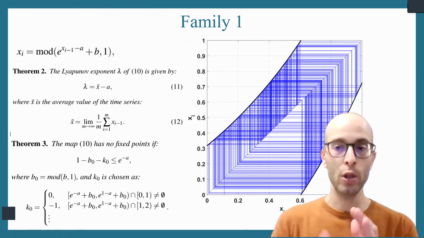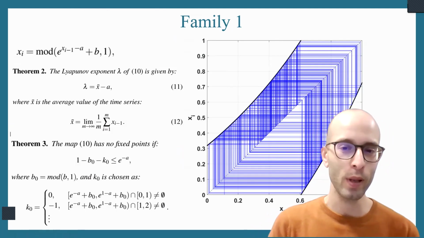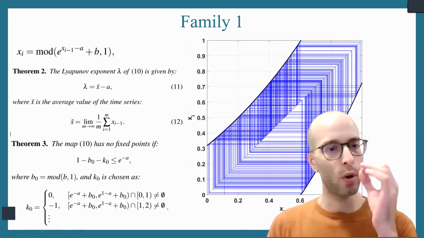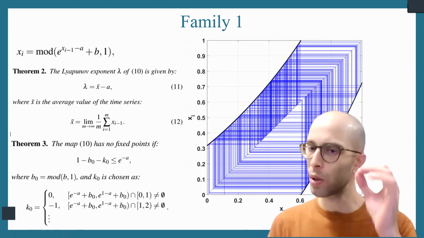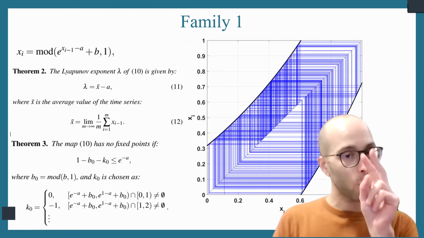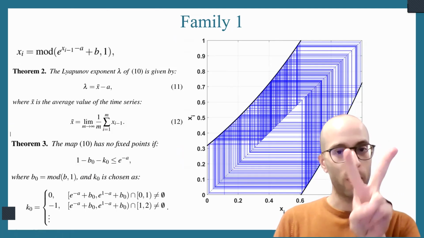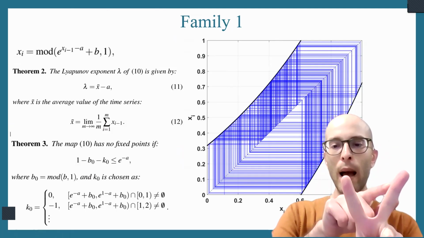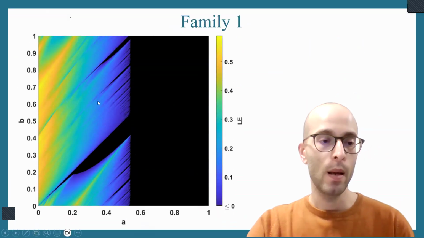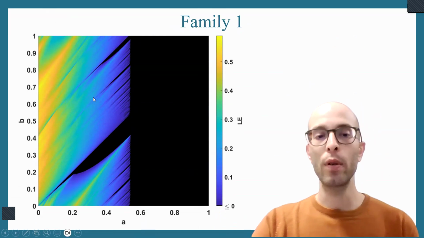The map clearly has no equilibria, no fixed points, and it also has chaotic behavior. So this is very, very interesting because it's among the first works, some of them also previous works developed by us, where we try to simultaneously achieve two things, robust chaos and absence of equilibrium, which is a very cool result. This is the diagram of Lyapunov exponents.